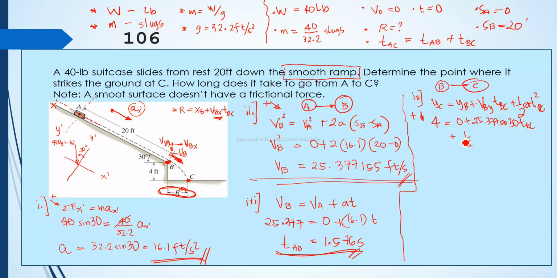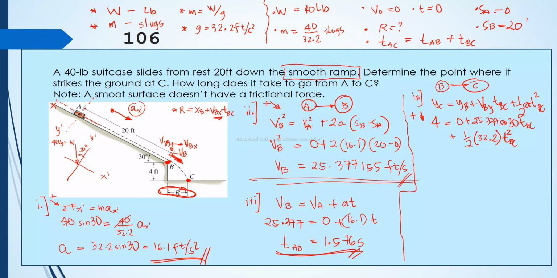Now, what acceleration are we going to use from point B to point C? As I said from the beginning of this problem, from point B to point C the object is already acting like a free fall or in free flight. So we are going to use the acceleration in projectile motion, that is the acceleration due to gravity, 32.2 feet per second squared, times the square of the time from B to C. Now we have a quadratic equation, and by the quadratic formula you can obtain two times from B to C. One is negative, one is positive.